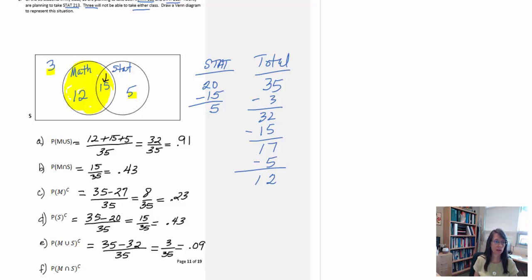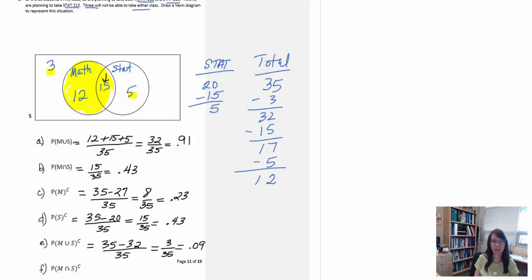For part F, we're looking for the probability that students are not in the intersection of math and statistics. In other words, find how many students are taking both math and statistics, and we want all of the other students, not these students. So math and stats would be the 15 students.